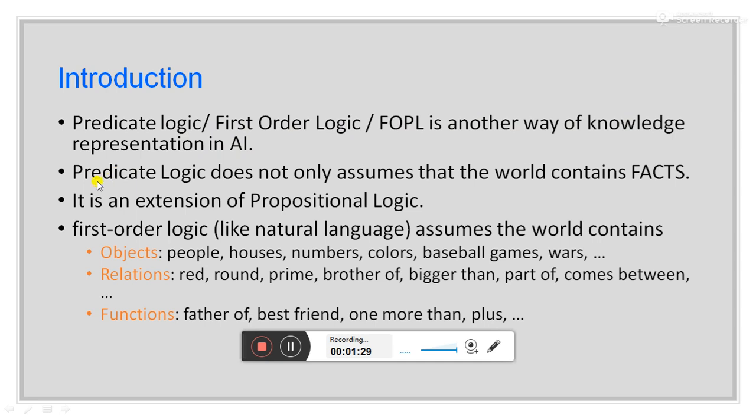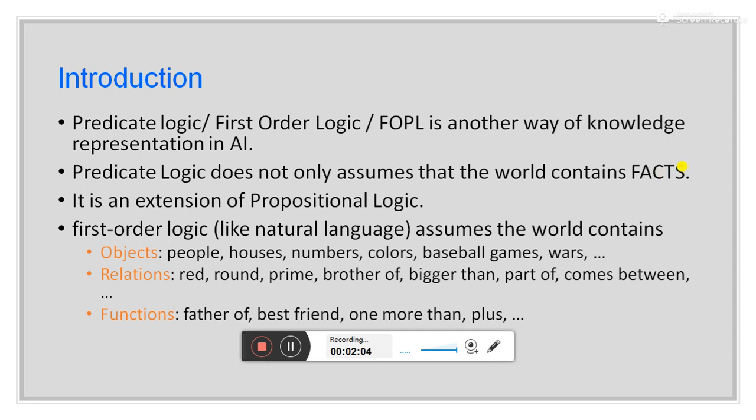Predicate logic does not only assume the world contains facts, as we have seen in propositional logic, where the sentences represent facts. The sentences in propositional logic are classified as either true or false. That was the limitation of propositional logic.